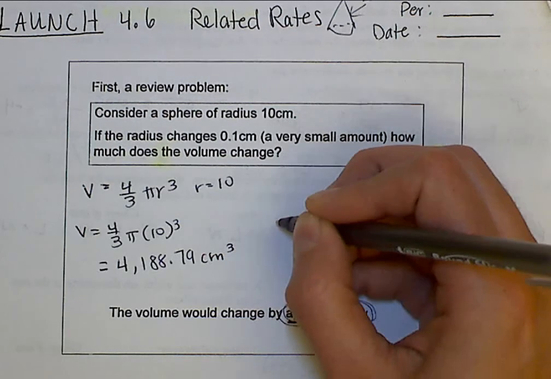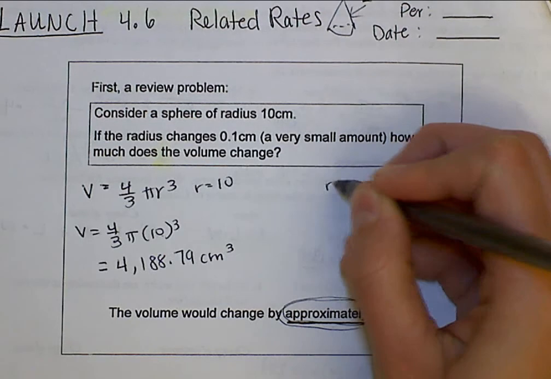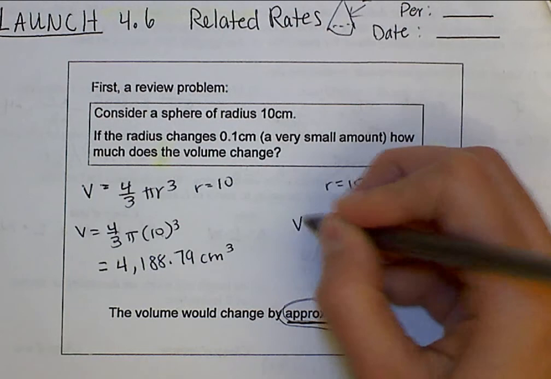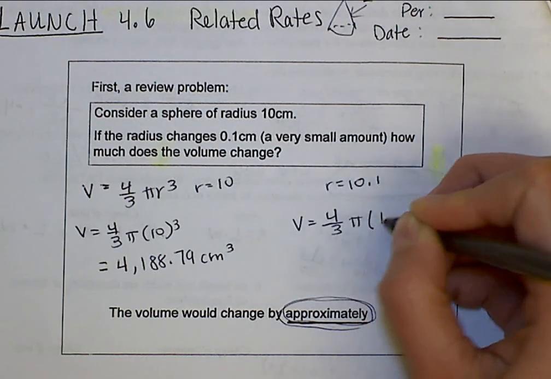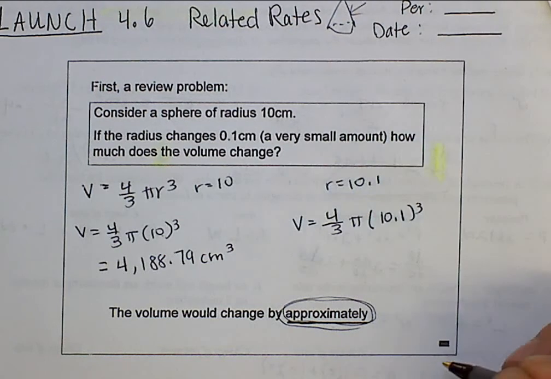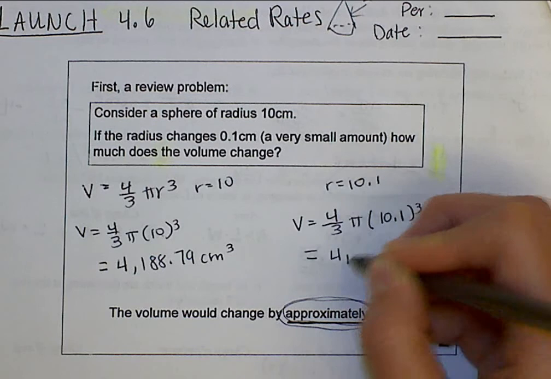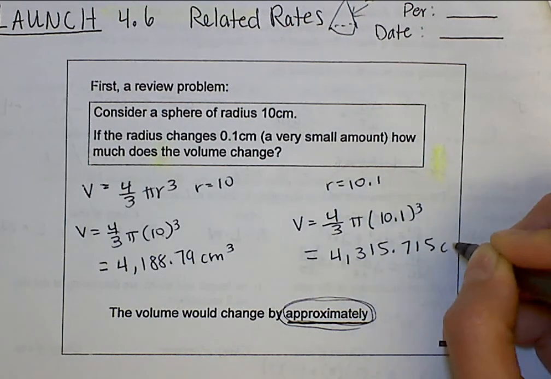So instead of plugging in 10, we're going to plug in r equals 10.1. So this volume will be 4/3 pi 10.1 cubed, which is equal to 4,315.715 centimeters cubed.